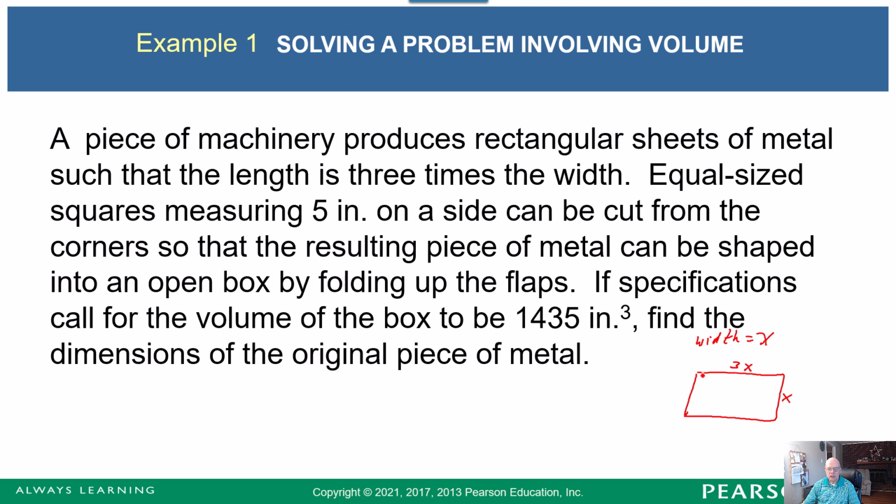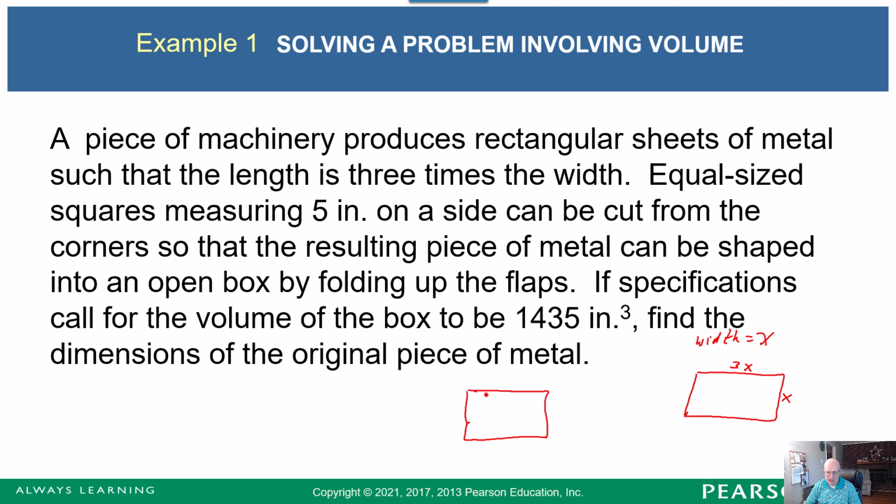Now what we're going to do is draw another picture here. We're going to cut on each of the corners so we can fold it up and make it into a box. Now it says we're going to cut squares in each of the corners, sort of like this.